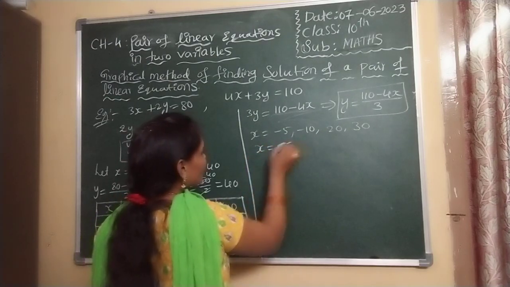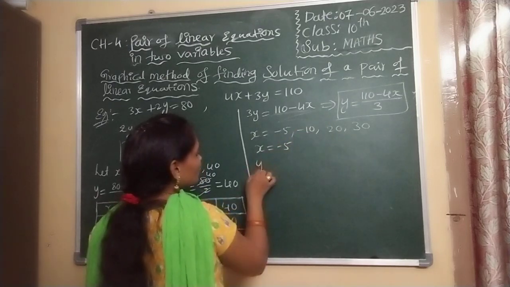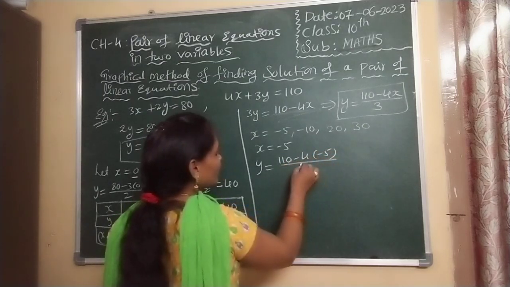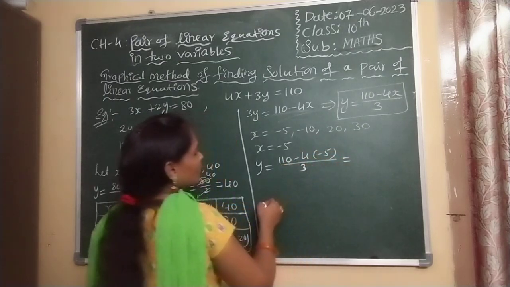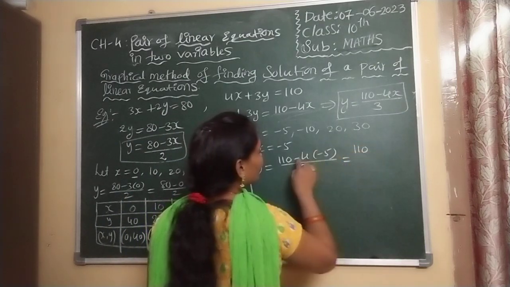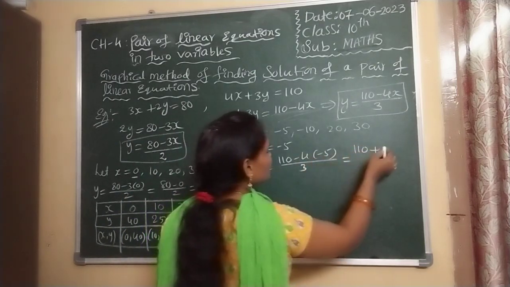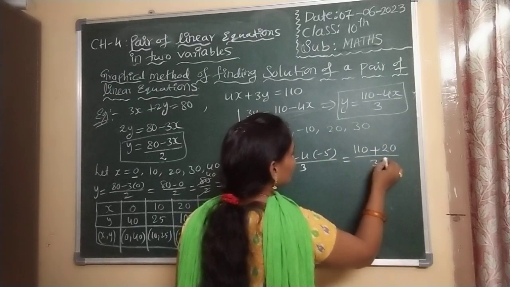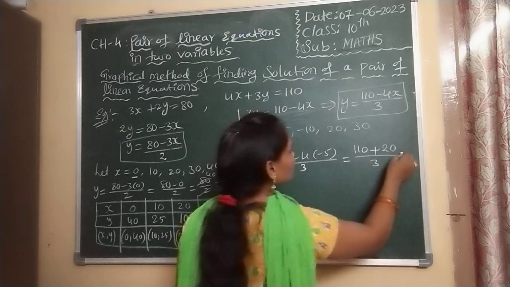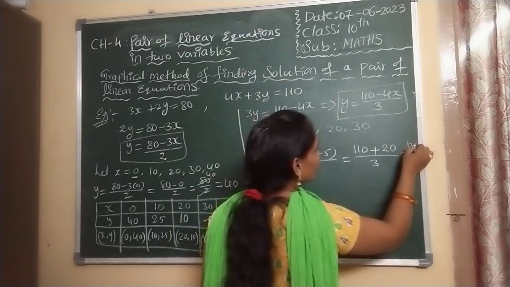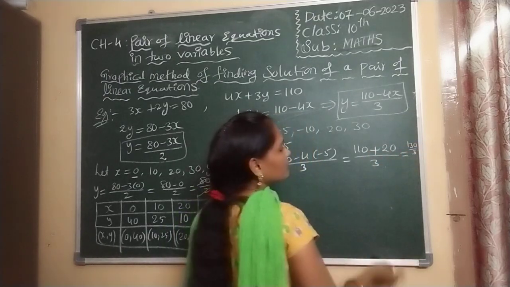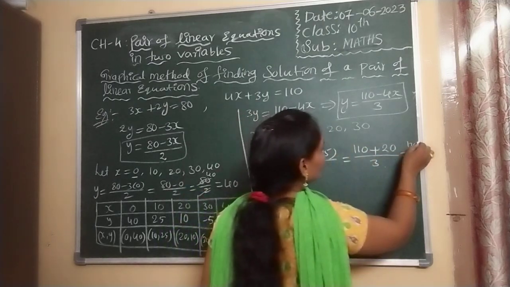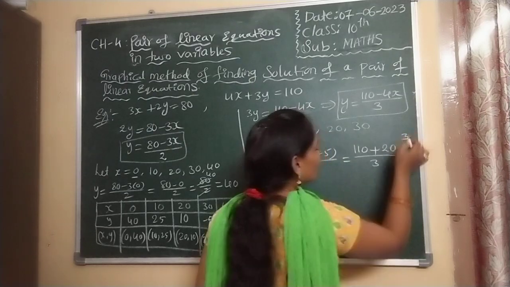If x is equal to minus 5, then y is equal to 110 minus 4 into minus 5 divided by 3. Here 110 minus into minus plus, 4 fives are 20, divided by 3. Now 110 plus 20, 130 by 3. 130 by 3. 3 threes are 9.